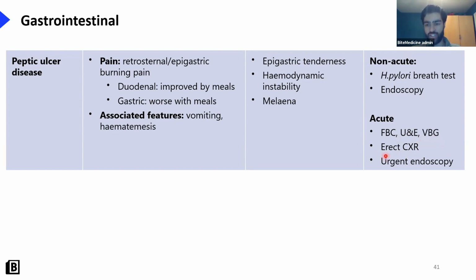You want to check the chest x-ray to see if there's any perforation. You'll see air under the diaphragm, and you'll do urgent endoscopy to check for the site of bleeding and treat the site of bleeding. Again, we have an in-depth webinar on upper GI bleeding and peptic ulcer disease, so please do check that out.